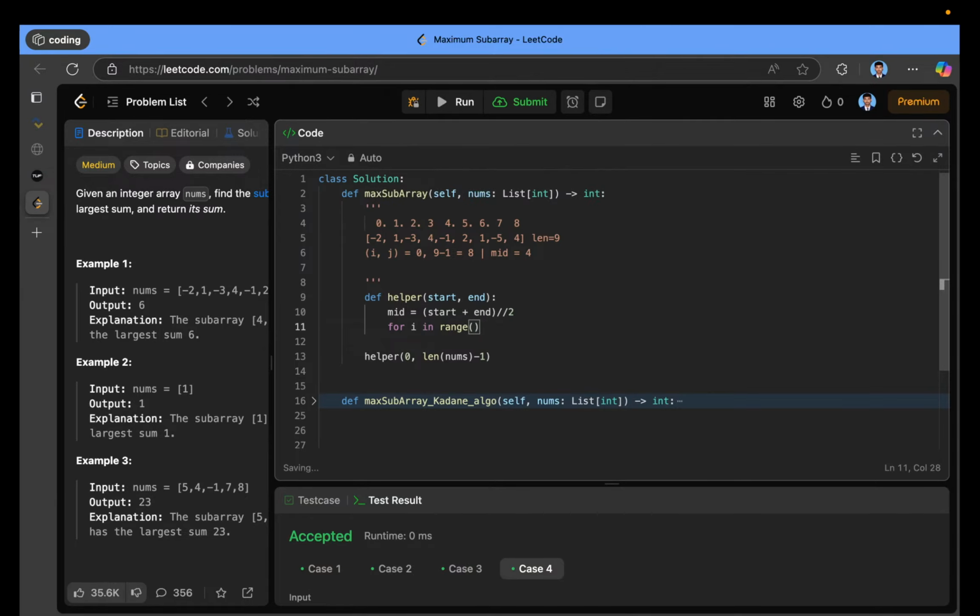The first loop will be a decreasing loop, so -1 should be at the end, and my starting position should be mid and the end position should be 0, less than -1.